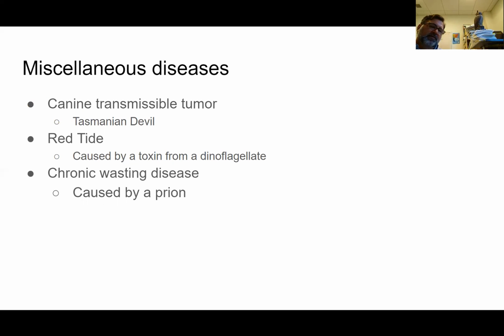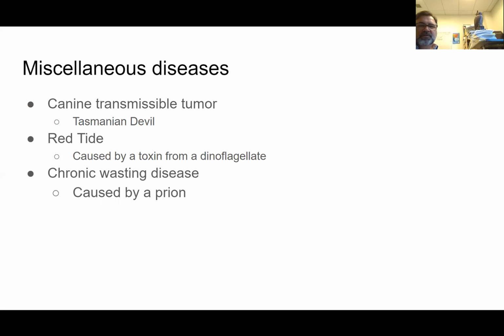Red tide is caused by a dinoflagellate that creates a toxin. And when you get an algal bloom, so when the temperature is right and there's lots of nutrients in the water, the dinoflagellate dies, the toxins are released, and you get large fish kills.